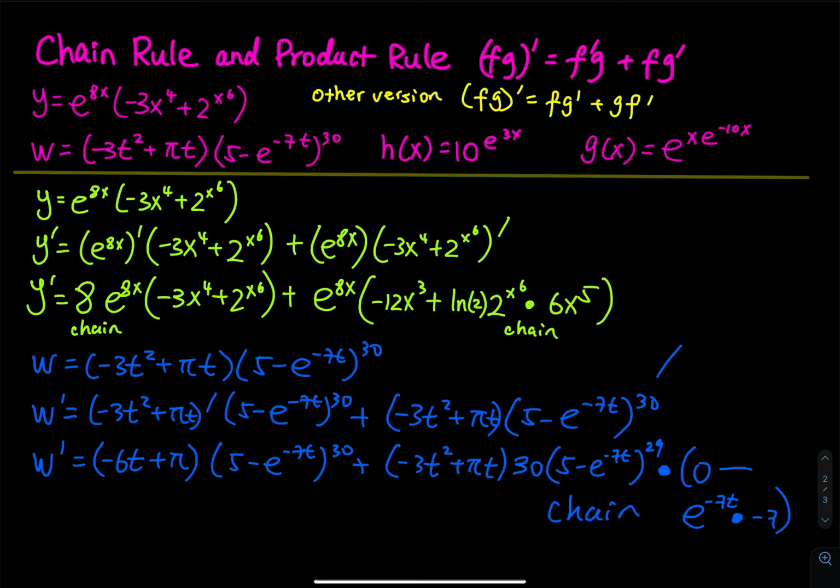After you finish taking the derivative, make sure you double check every single thing you wrote and then ask yourself, did I take care of every single function? In this problem, did I take care of the parenthesis inside the 30th power? Did I take care of the negative 7? Ask yourself this question. Make sure you check everything because it is so easy to miss one term.